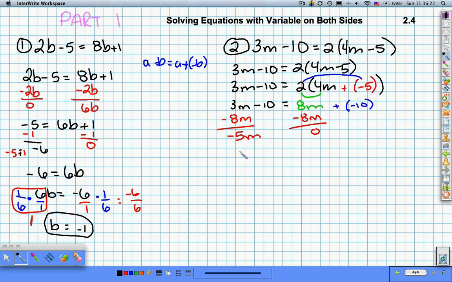So my problem now looks like this. What I can do now is move, I'm subtracting 10, so I'm going to add 10 because I want to move this over there to the right now. There's 0. Add 10. So now my problem says -5m equal to 0.